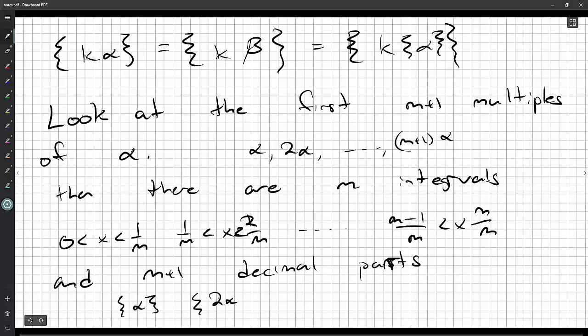Alpha, 2 alpha, so there's got to be 2 of them that are in the same bucket. There could be more, but there's got to be 2 that are in the same interval. This is what's known as the Pigeonhole Principle.